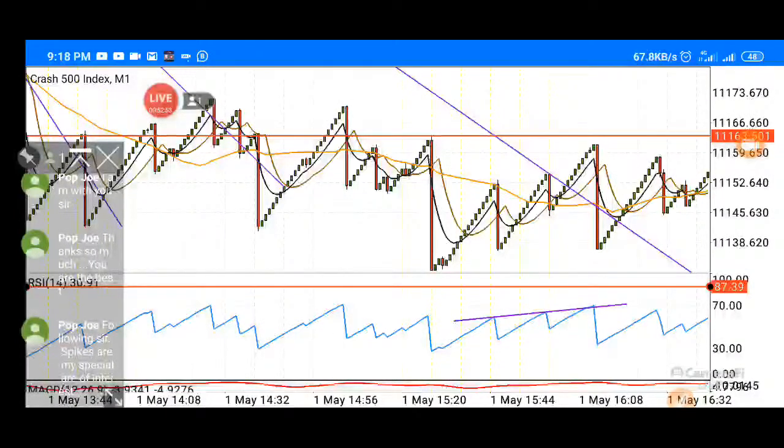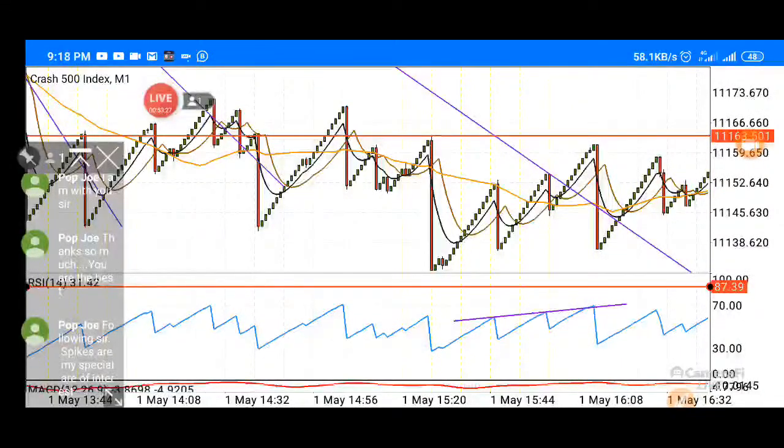Then 2 things to look out for in the market when catching spikes on crash: make sure it's on a downtrend or on a zigzag mode. Likewise, when catching spikes on boom 500 or boom 1000, make sure you trade it when it's spiking up, when it's on an uptrend, or when it is on a zigzag mode.